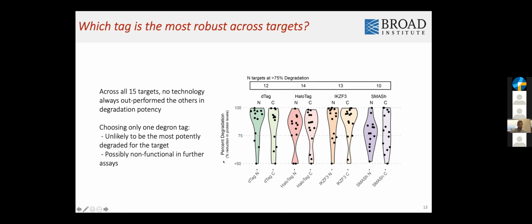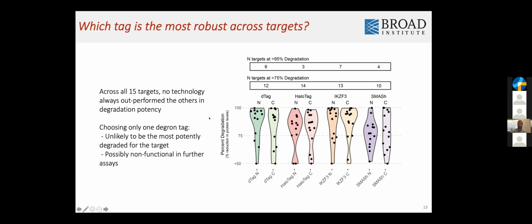However, most of the technologies seem to work pretty robustly, at least at the 75% degradation benchmark. You can see that most of these technologies achieved that benchmark pretty consistently. However, when you bump it up to the more important on-off switch cutoff, we saw that there was definitely a drop-off.